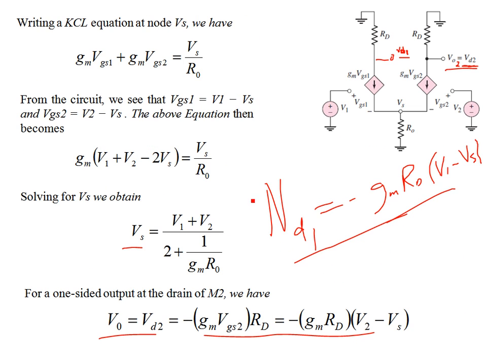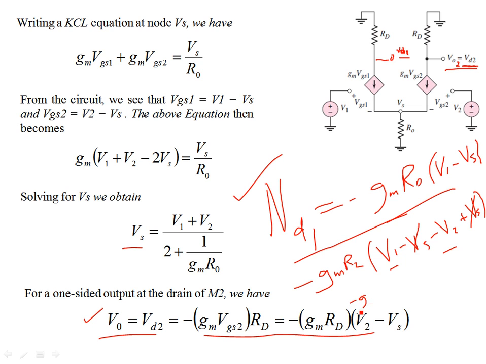If you take the difference between this expression and this expression, so let's do it: minus GM RD, then V1 minus Vs, then it will be minus V2 plus Vs. So the Vs is going to cancel out, and we are going to be left with the differential voltage Vd. This is minus GM RD into V1 minus V2, which is the differential voltage.